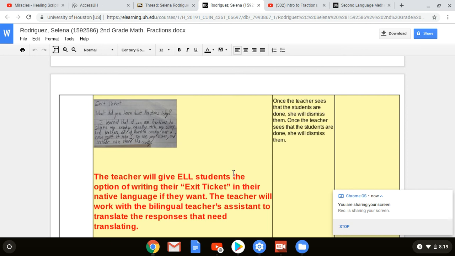And by having them write in their native language, they're able to express to you what they have learned, if they really understood your lesson and their objectives. And I really like that you did that. I never really thought of that, and have that idea now. Thank you for that, Selena, thank you for that.